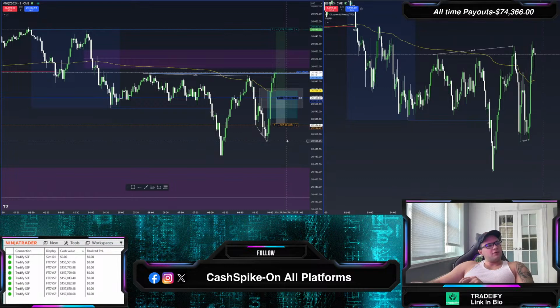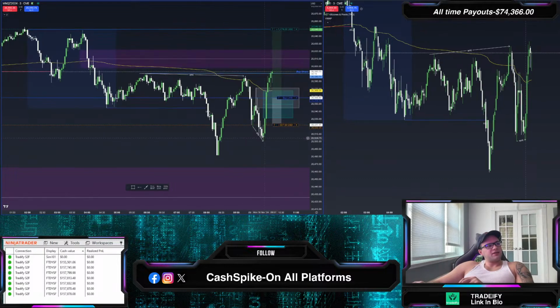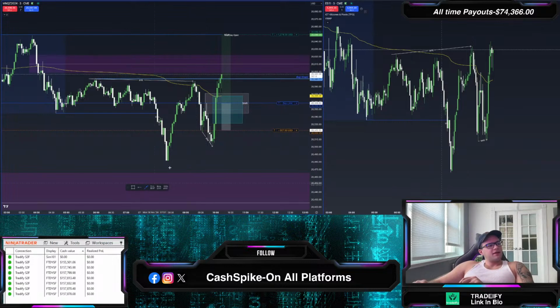So now I would say that's a risky setup because this is already taken. When this is already taken, price can just go up, take this, and then move down and pull back. We take these levels.